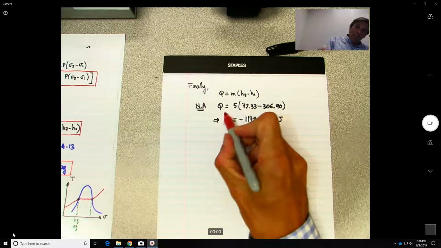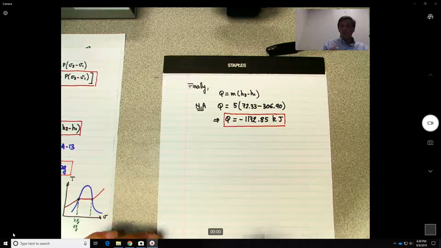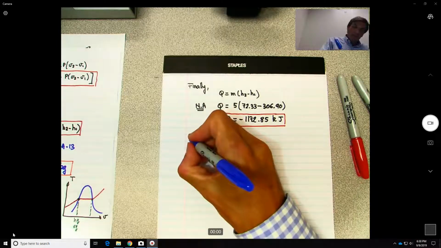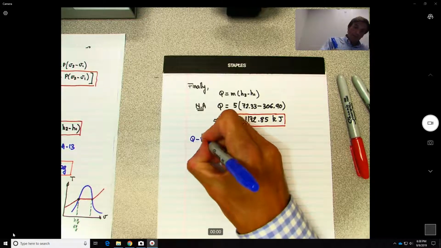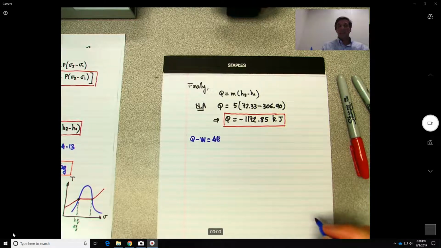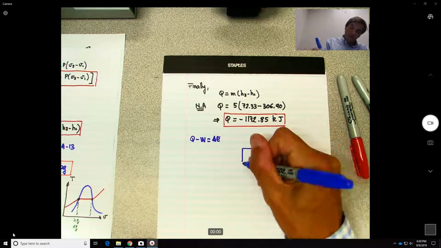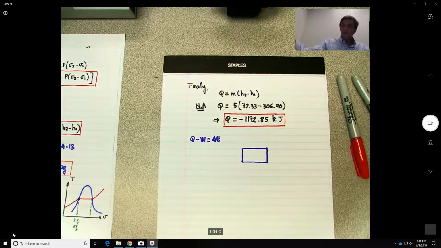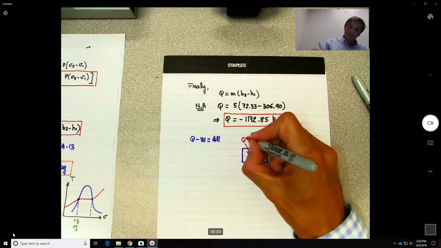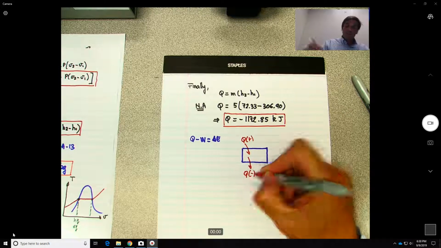So is the negative sign correct or wrong? Let us remember that for the equation Q minus work equal to change in energy, for the first principle, if we use that sign convention, the amount of heat going in is positive, the amount of heat going out is negative.